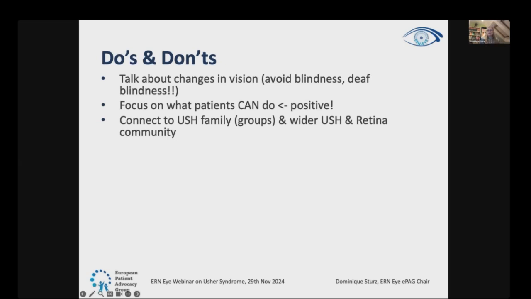In some countries you have big organizations, like Professor Stingl has mentioned before. In some countries you have just a small group. That's also okay. Connect patients to positive role models, to families, and to the wider Usher and retina space. Please, especially in the first announcements of the diagnosis, do not connect them to the deafblind community.